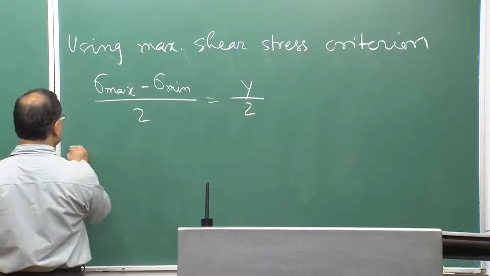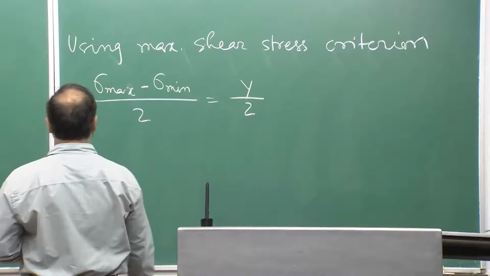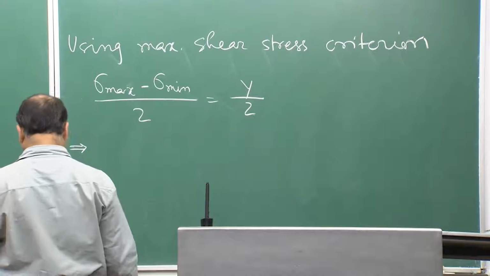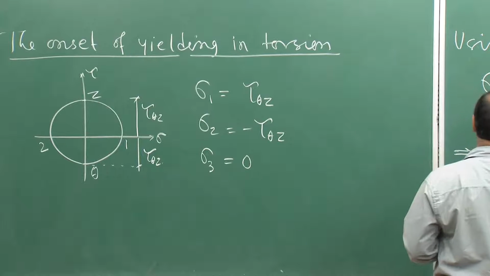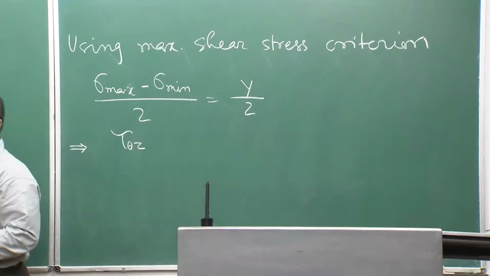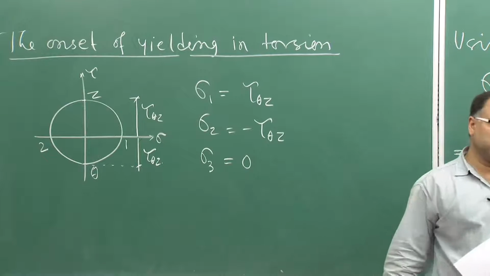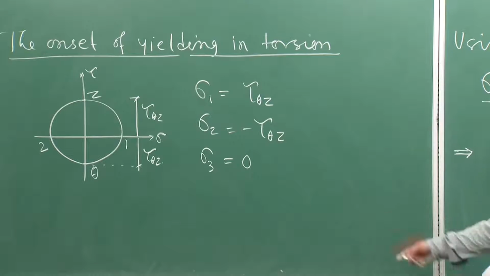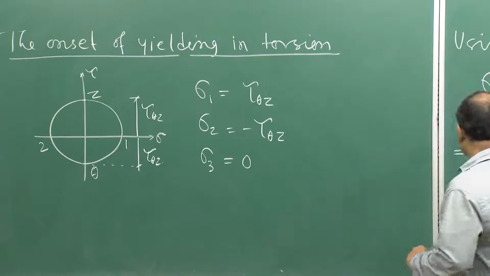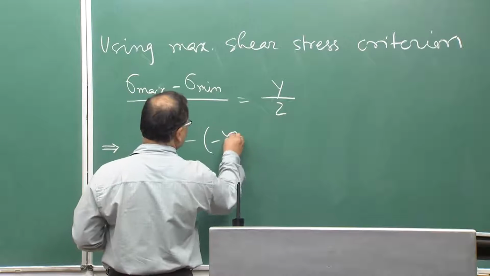So, what is your maximum value of sigma, that is sigma max, that is nothing but tau theta z, that is nothing but your sigma 1. Now, what is the minimum value of your sigma, that is nothing but your sigma 2, that is minus tau theta z. So, minus of minus tau theta z.